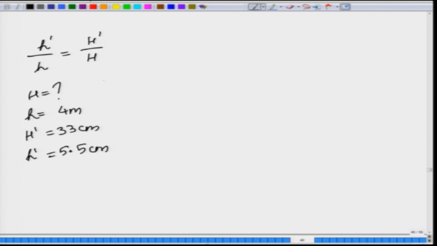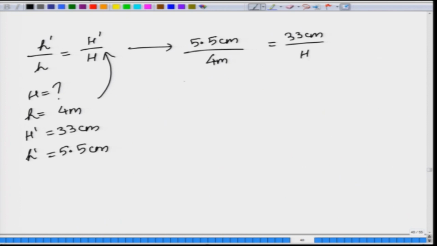So, putting these values in this equation, what we get is small h prime, 5.5 centimeter, divided by small h, 4 meter, is equal to capital H prime, which is 33 centimeter, divided by capital H. So, you get that capital H is equal to 33 centimeter into 4 meters divided by 5.5 centimeter.